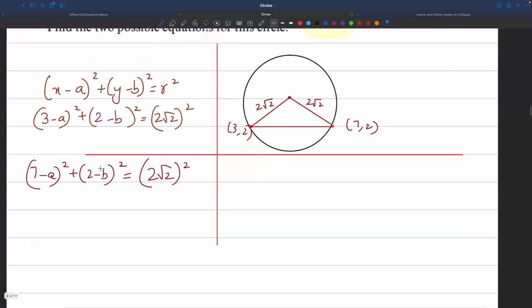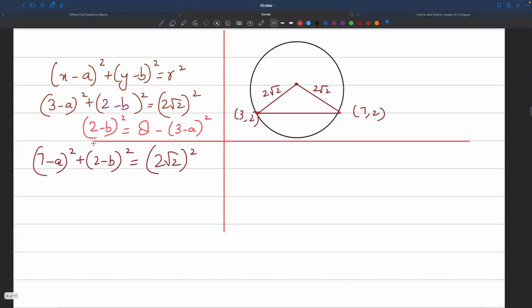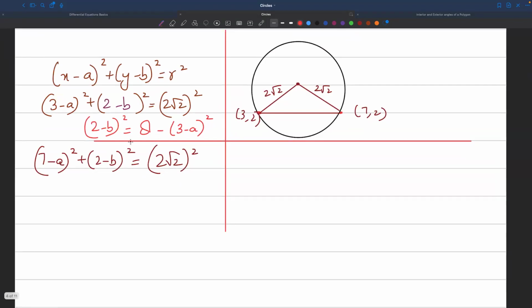Okay, now look, from the first equation, can I make 2 minus b whole squared as my subject? So this will become 4 into 2, 8 minus 3 minus a squared. So in place of 2 minus b squared, I write this in the second equation. This was the second equation, this was the first equation.